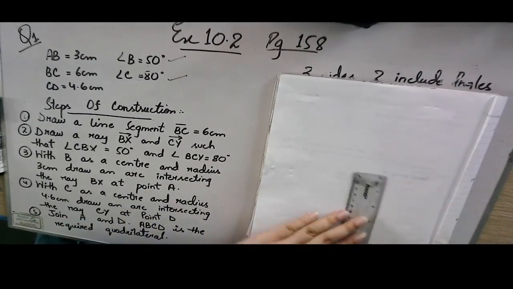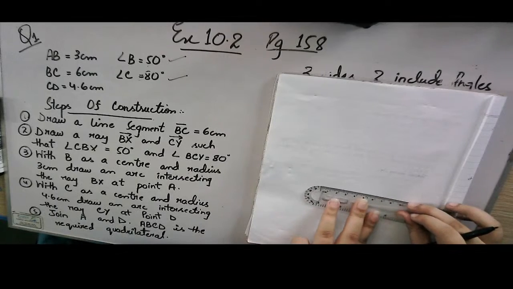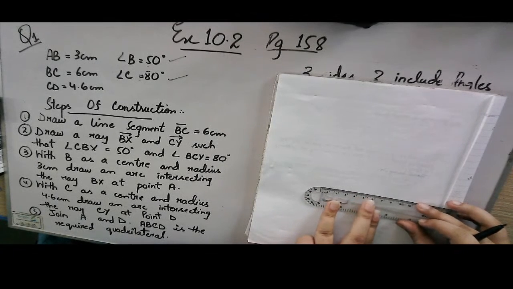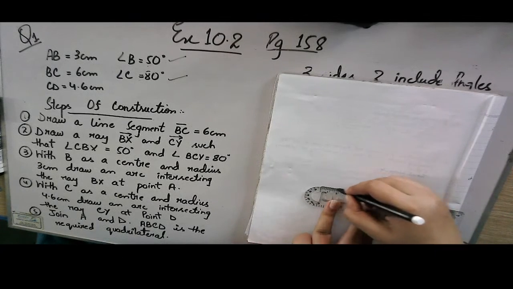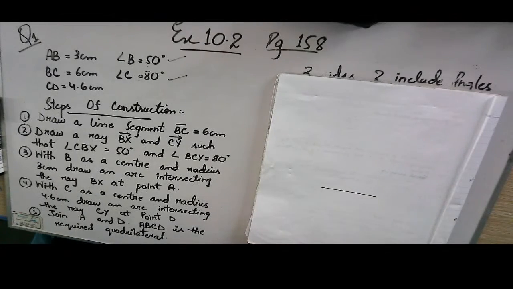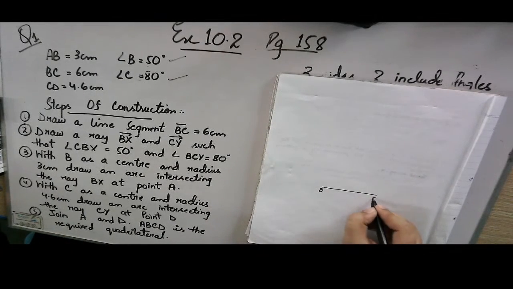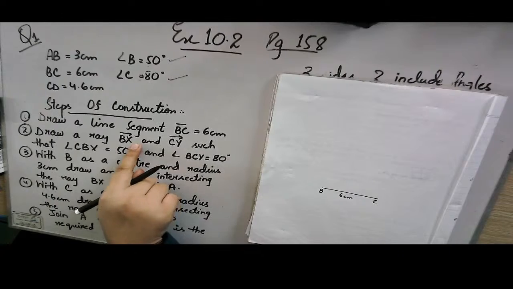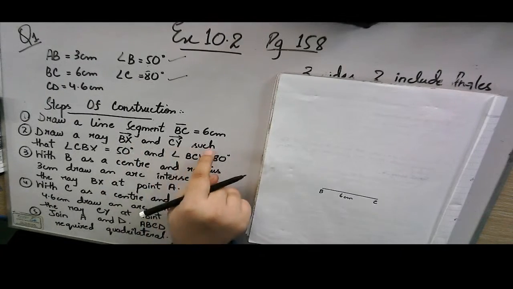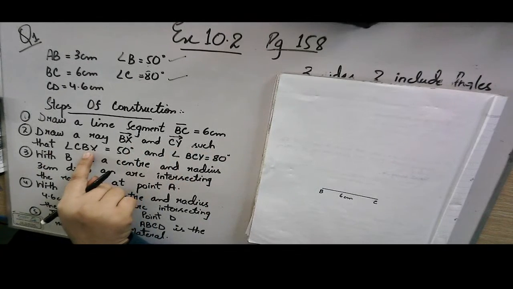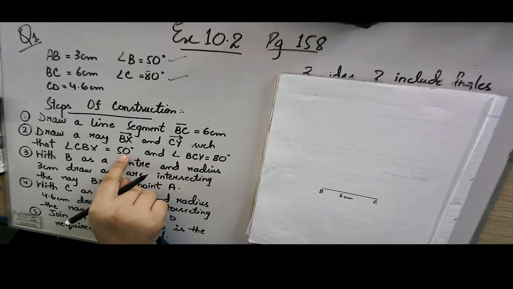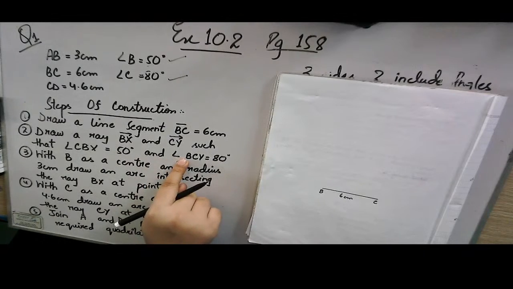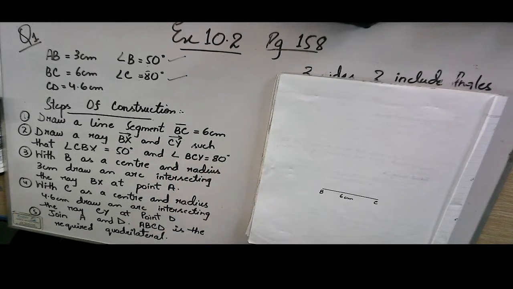Just draw the line segment B and C, which is equal to 6 centimeter. After that, draw a ray BX and CY such that angle CBX is equal to 50 degree and angle BCY is equal to 80 degree.